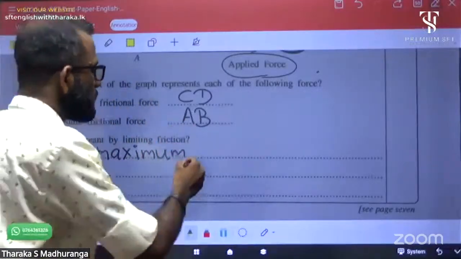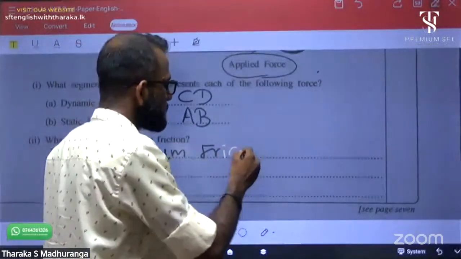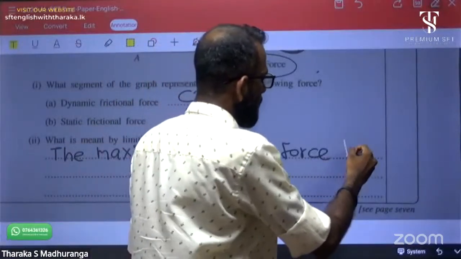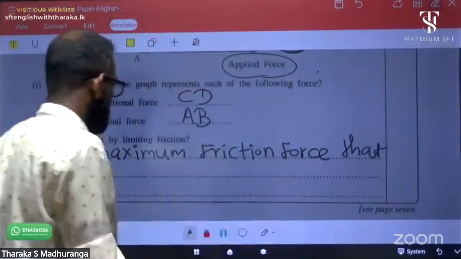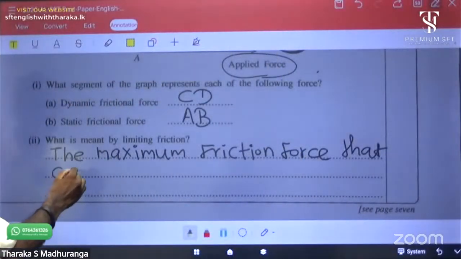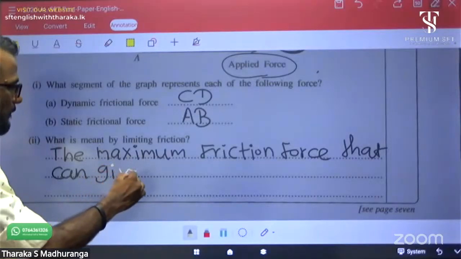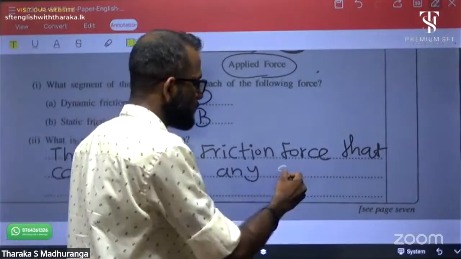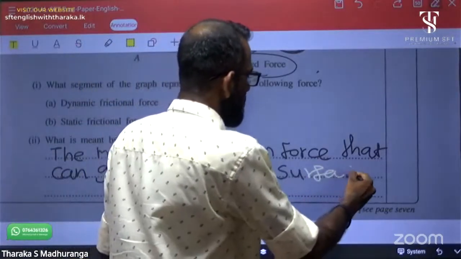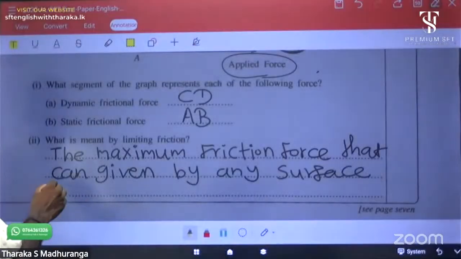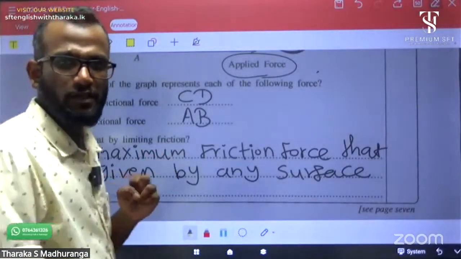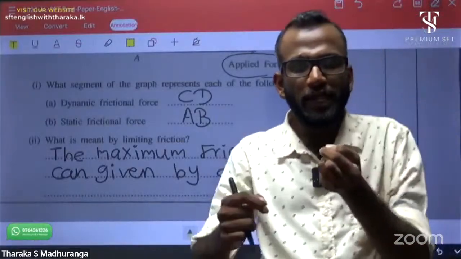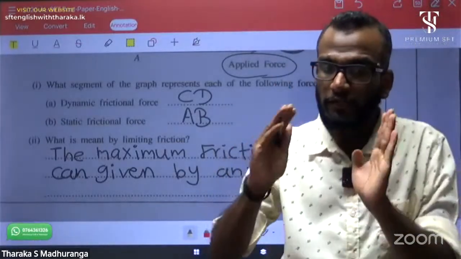The maximum friction force that can be given by any surface is called the limiting friction force. At that moment, the object tries to start moving, but it is still not moving.